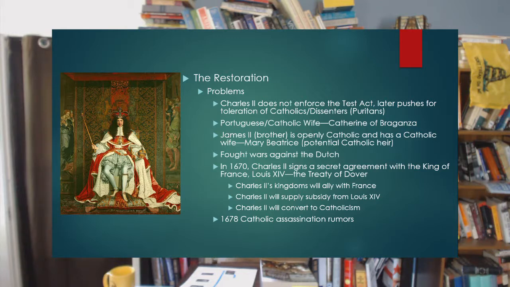Basically, he allies himself with France. Charles says he will get money from Louis XIV, and in return, he will try to take England back towards Catholicism. So there is this secret movement to make England Catholic again. There's fears that Catholics are going to assassinate Protestant leaders. So there's basically a lot of fears in England.